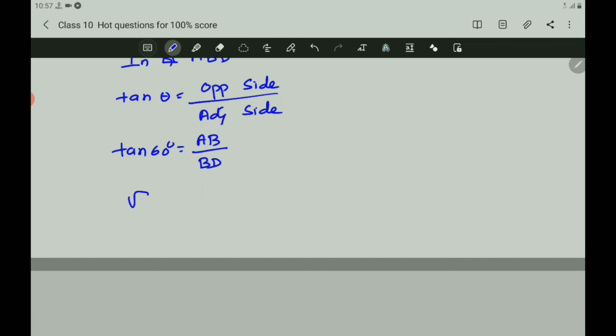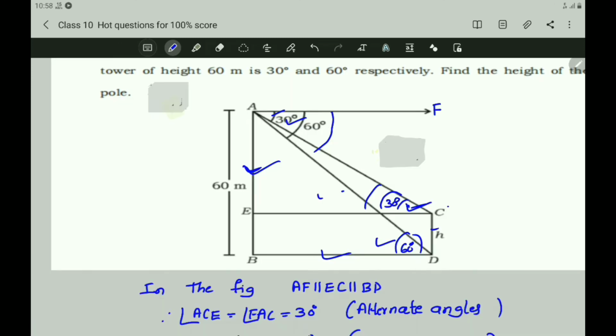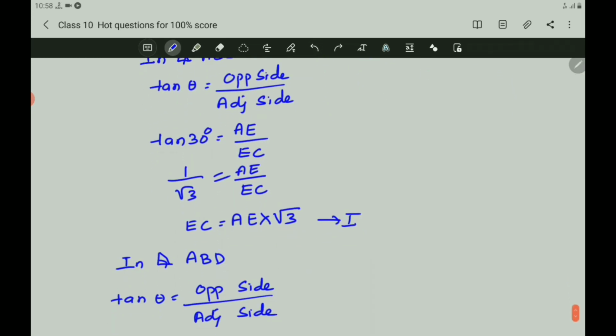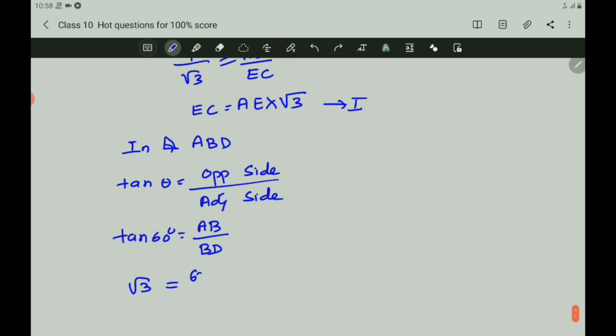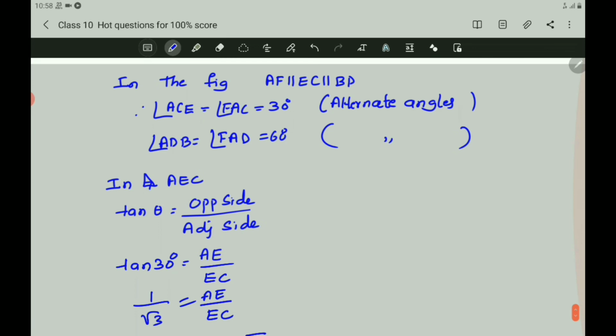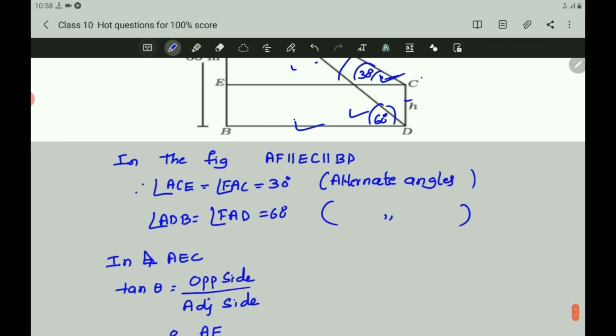Tan 60 degree is root 3. The height of the tower is given, that is AB is the height of the tower, you write 60 meter. In the place of AB you write 60 meter, divided by BD. Here you know that BD and EC are same, as they are parallel to each other, and BE and CD are equals.